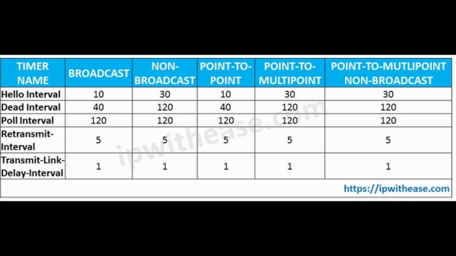Point-to-point is the same as broadcast, that's 10, 40, 40, and point-to-multipoint and point-to-multipoint non-broadcast are 30, 120, and 120 seconds. You can change these timers, but these are just the recommendations for the specific network type.